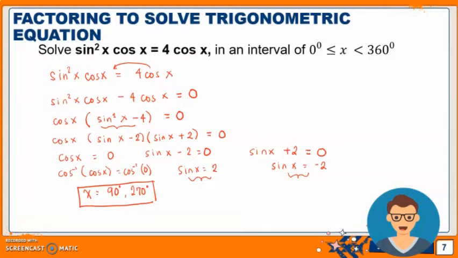In this portion, we are applying the concept of the unit circle, that the maximum value for sine and cosine is positive 1 and the minimum is negative 1. That's why there's no value for 2 and negative 2. Next one.